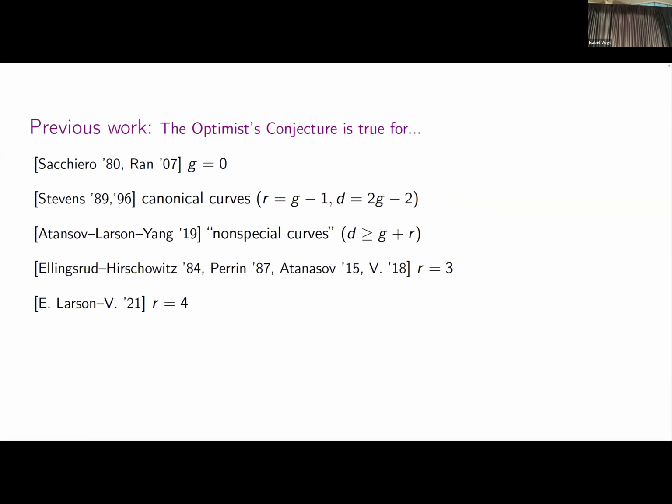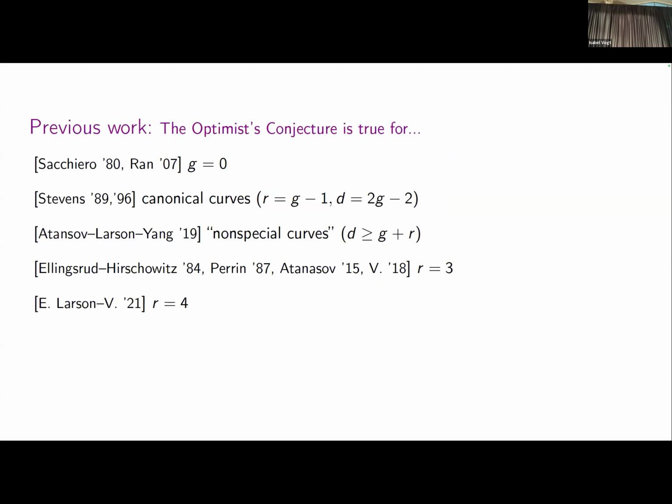I won't go through all of these in detail, but the case of genus 0 curves, the case of canonical curves, the case of curves that are embedded by a general line bundle, so non-special curves, and then space curves and curves in 4-dimensional space. We know the optimist's conjecture in all of these cases.